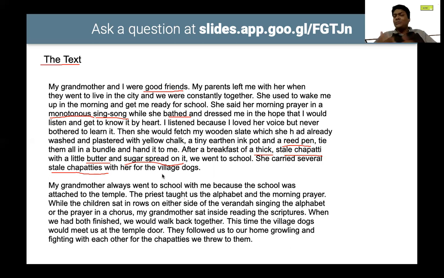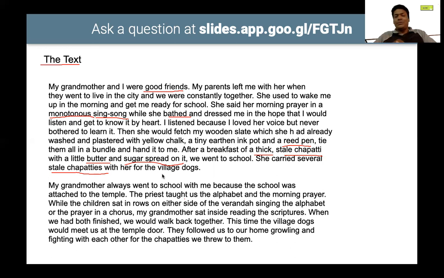stale chapati. So how was his breakfast in the morning time? The grandmother used to give a hearty breakfast to the writer. Stale chapati means last night's chapati, whatever chapati was left over, with a little butter and sugar spread on it.